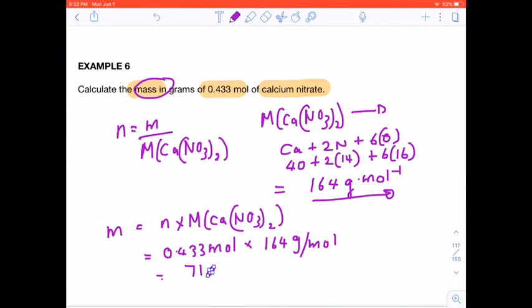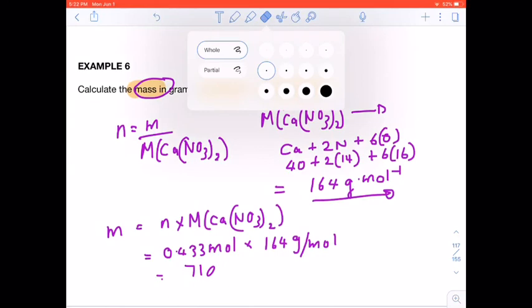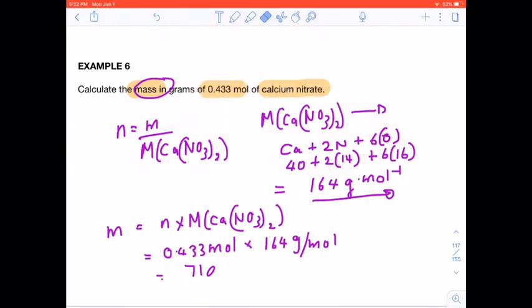That is the mass of 0.433 moles of calcium nitrate.